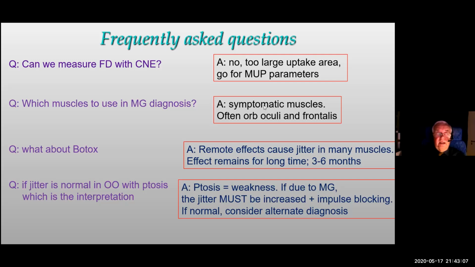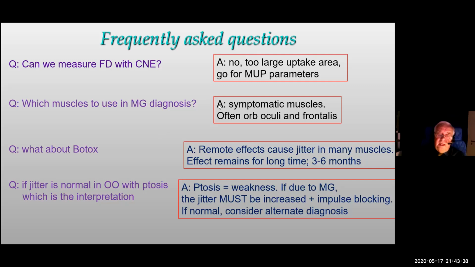I should say that if we have a patient with clinical problems in, for example, an arm muscle, and we make measurements there and find normal jitter, then it cannot be myasthenia. If the patient is weak or fatigable in the muscle, we must have not only jitter but also blocking. So normal jitter and weakness, that is not myasthenia at all.